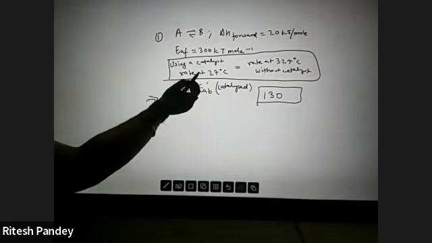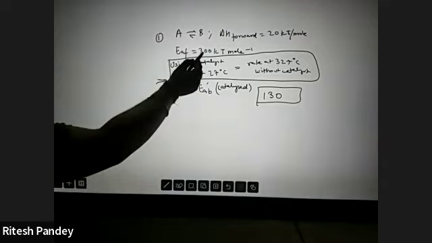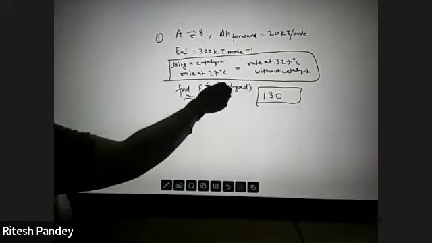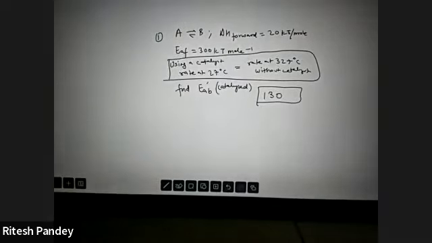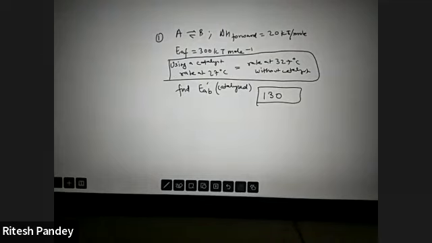Now, naturally, if EAF is 300 and with a catalyst, the rate is naturally becoming the same at a lower temperature. Let me find the activation energy using the catalyst.